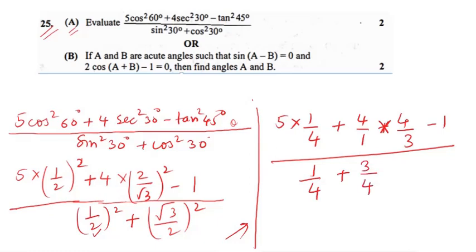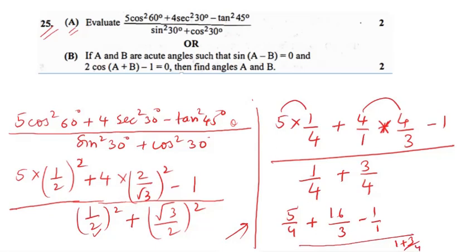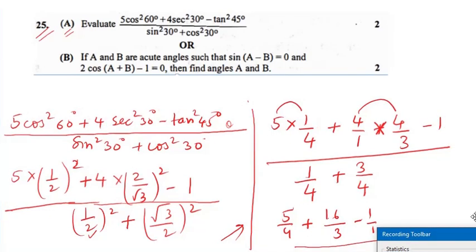Here it is 5 into 1 is 5 by 4 plus 4 into 4 is 16 by 3, minus 1 by 1, and in the denominator it is 1 by 4 plus 3 by 4, which is 4 by 4, or you can write 1 by 1.